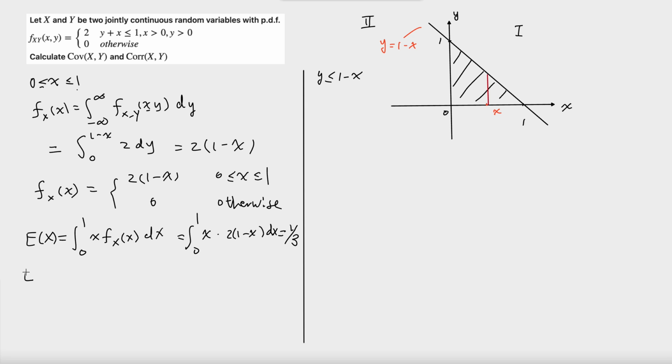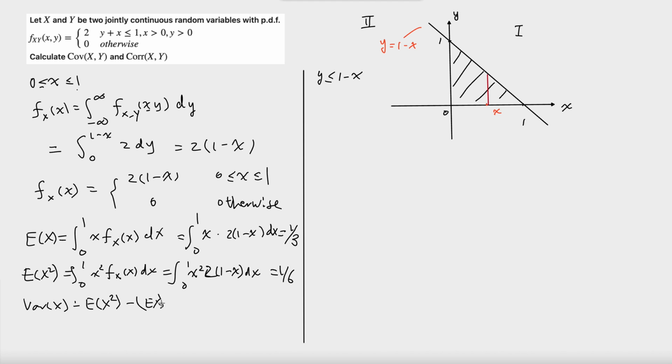Now let's compute the expected value of X squared. This is the integral from 0 to 1 of x squared times 2 times (1 minus x) dx, which is equal to 1 over 6. Now the variance of X is equal to the expected value of X squared minus (E of X) squared, which is equal to 1 over 18.